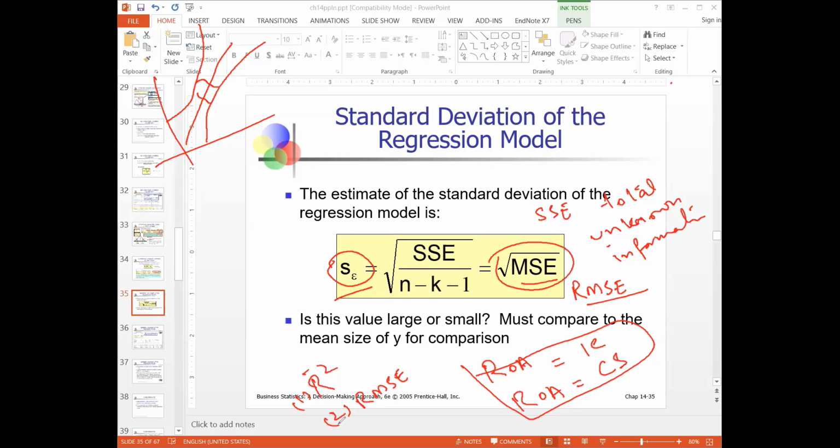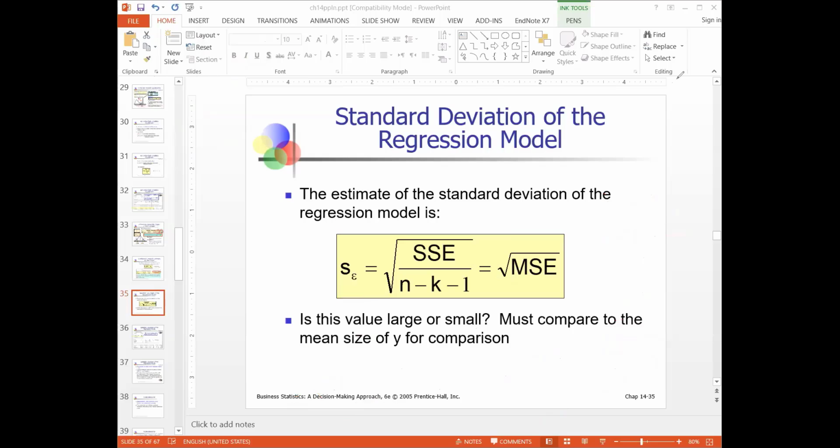EViews, Stata, and SPSS will show you RMSE, but theoretically it is known as SE. The smaller the RMSE, the better the model is, and the bigger the adjusted R square, the better. So of two models, the one with the bigger adjusted R square is better. This is another indicator that is being used in the interpretation.